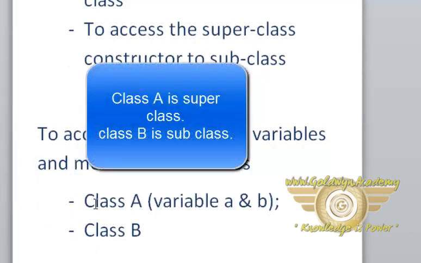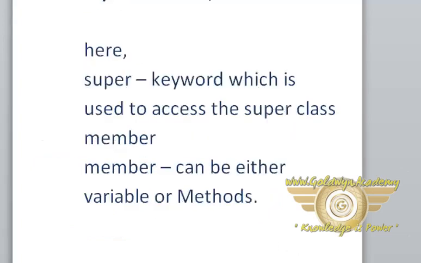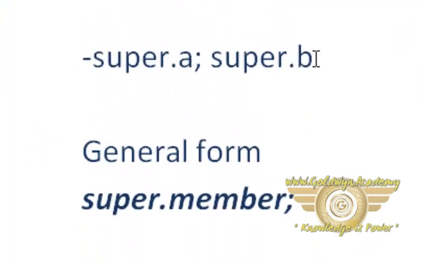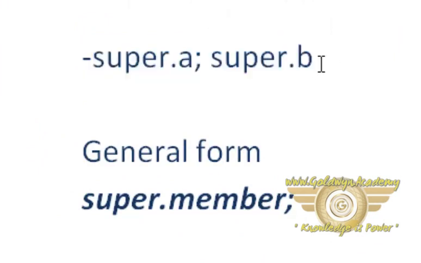Here in this example, class A has variable a and variable b, and the subclass is B. If we want to access the variables a and b of superclass A, we just write super dot variable name. It means super.a and super.b.